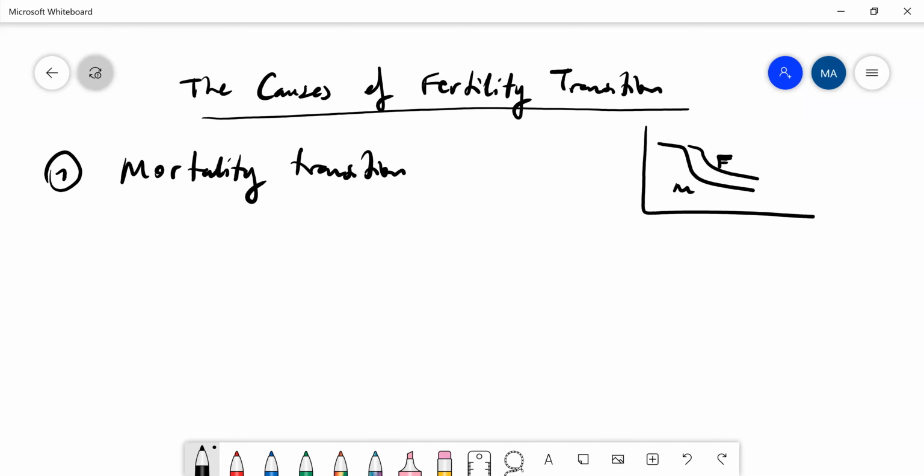So maybe if I have 1 more birth, that would be enough, because the kid will survive. So that was one reason. And again, this is the most popular reason among demographers, okay?